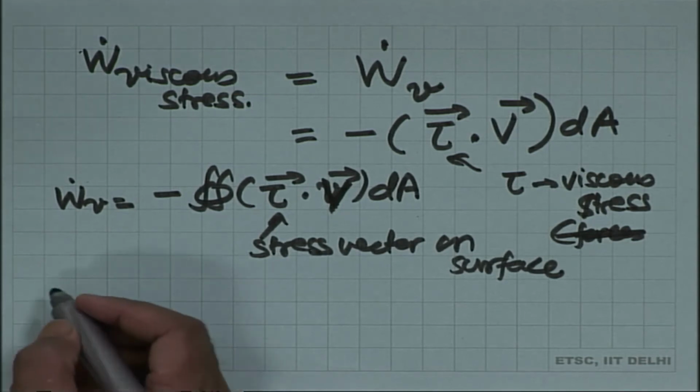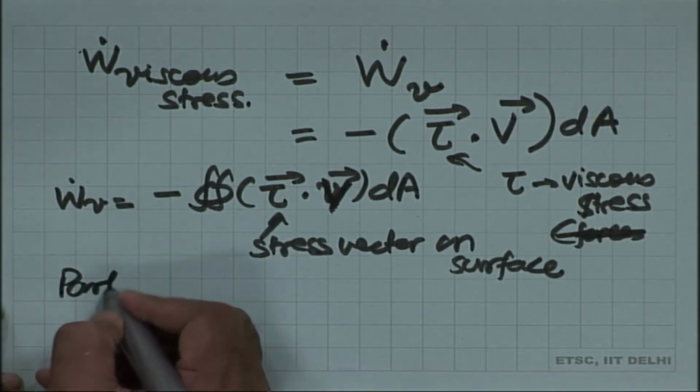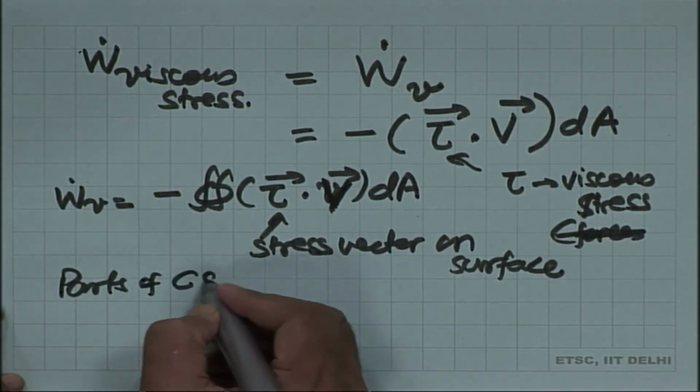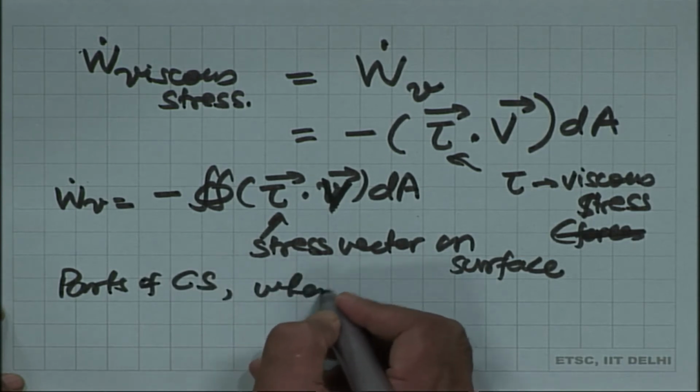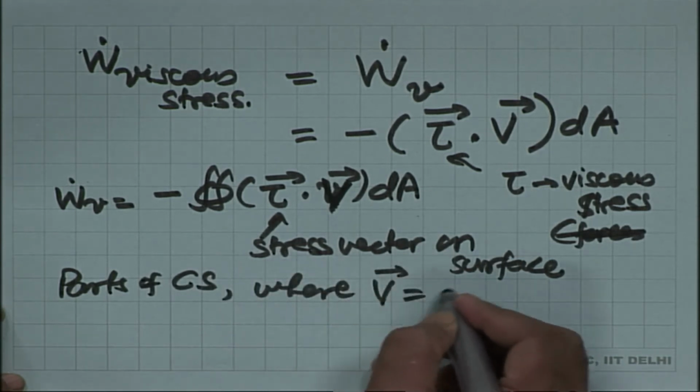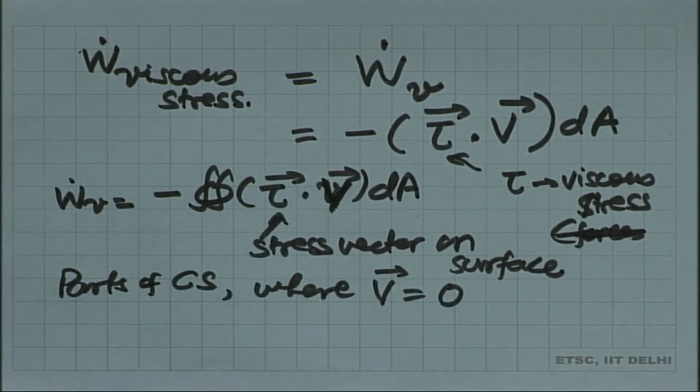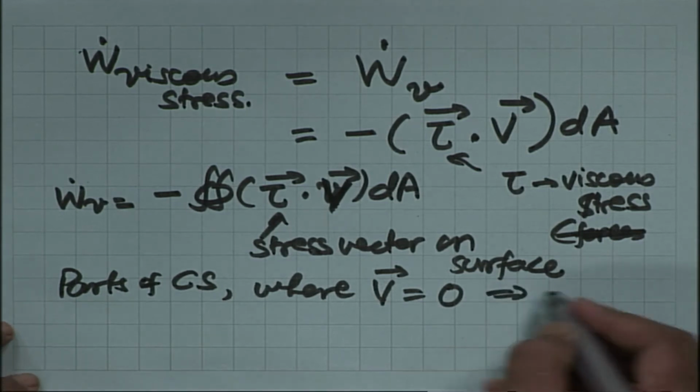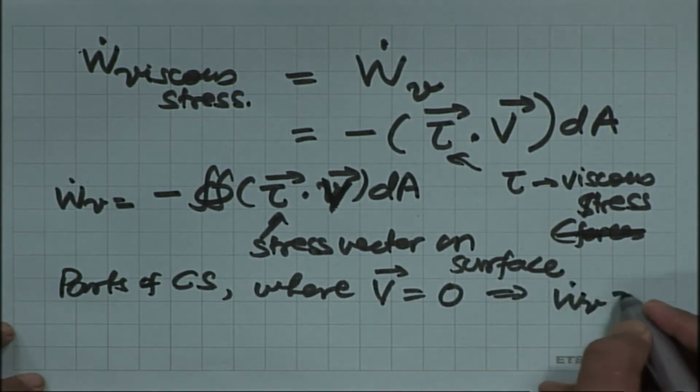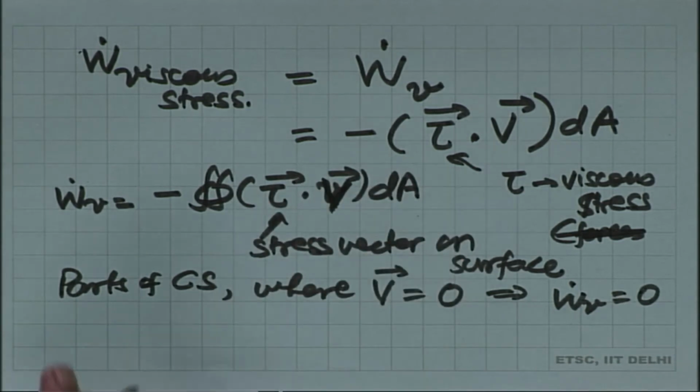So, now there are parts of the control surface where velocity is 0. Which are those parts where velocity is 0? All the parts of the control surface in touch with a solid body which is not moving, the velocity will be 0, and therefore on all those components viscous work will be 0, irrespective of the value of tau.